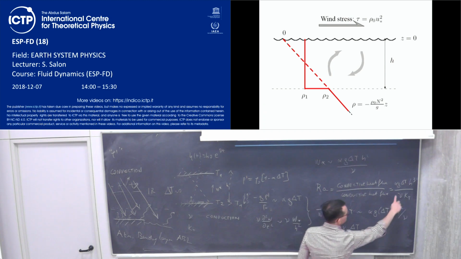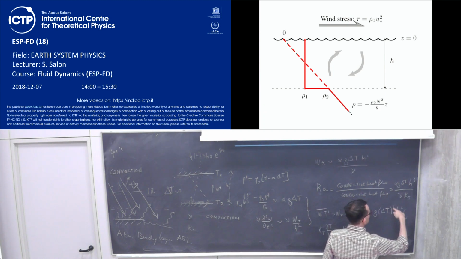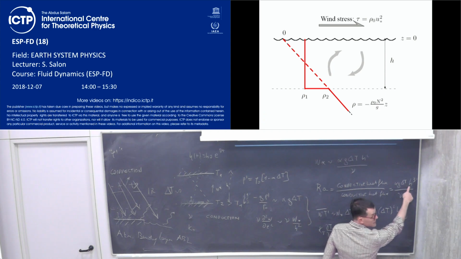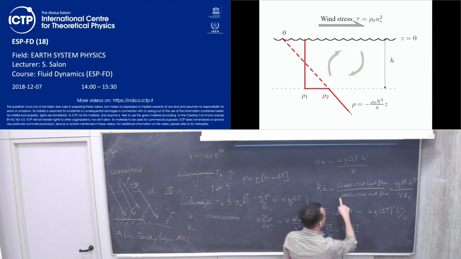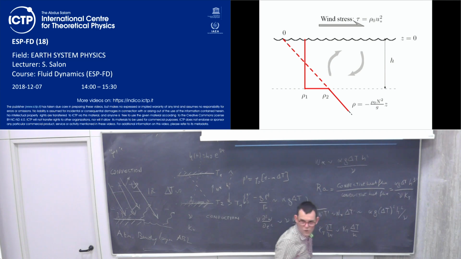So when these two terms here are very strong with respect to this, it means that either H is very small, or delta T is also very small. So it means that the Rayleigh number is very small, and so conduction is winning over convection.